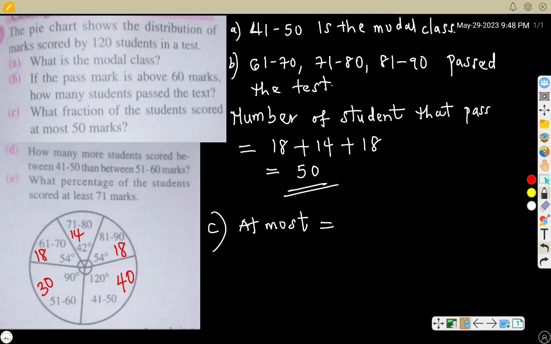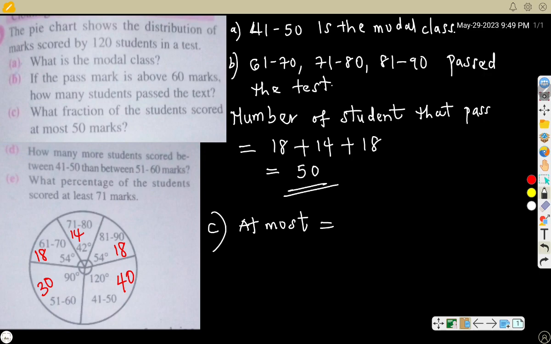So anytime we have at most, that means the highest is that number. At most 50 means highest is 50 or below. But if it is at least 50, it means lowest must be 50, so 50 and above. So at most is from that number below, while at least is from that number above.